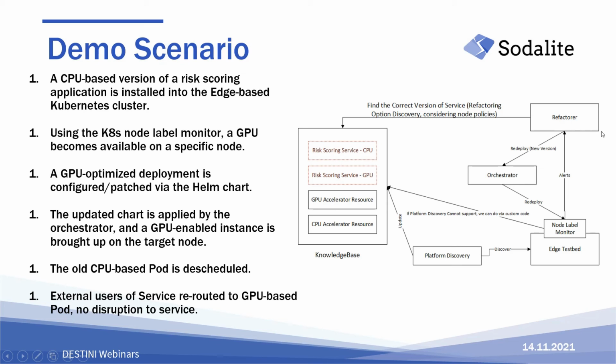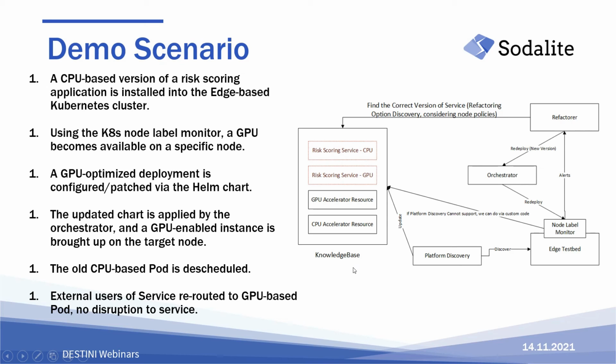This is the architecture of this system. We have all these components now from SODALITE. We have an edge testbed that includes the edge gateway, which includes GPU and CPU resources. These services are deployed on this testbed, and we use a Kubernetes distribution for the edge.